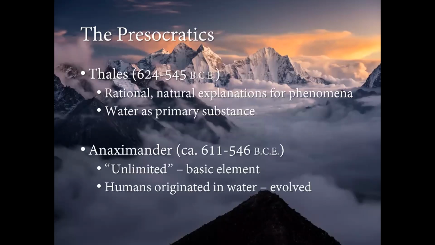To give you some examples of the things they posited, I'll go through several of these. They're all kind of weird. Thales, for example, seems to be the oldest of these. Again, he gave rational natural explanations for phenomena, but he also had this idea that water was the primary substance by which the world was made. Everything is water.